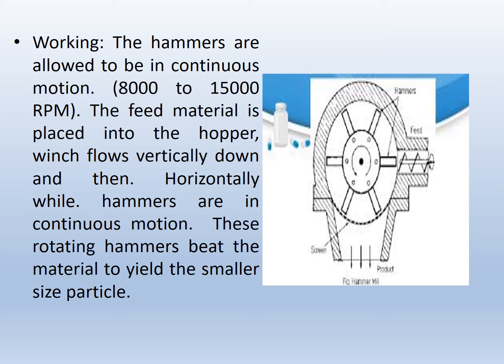This is the diagram of the hammer mill. The feed material is loaded from this side and moves in this direction, and the rotation of these hammers is responsible for the size reduction of the powder material. A screen is applied on the lower side of the hammer mill.